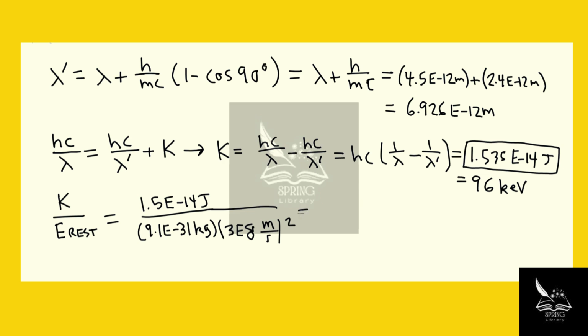After performing this computation, we get a result of 0.187. So this electron's kinetic energy is about 20% of its rest energy, which is pretty considerable. So this is something we need to be looking out for in the rest of the problem, that this definitely is a relativistic electron.